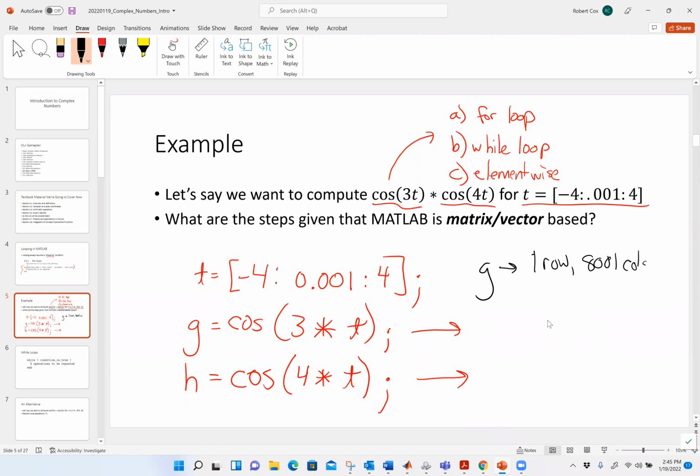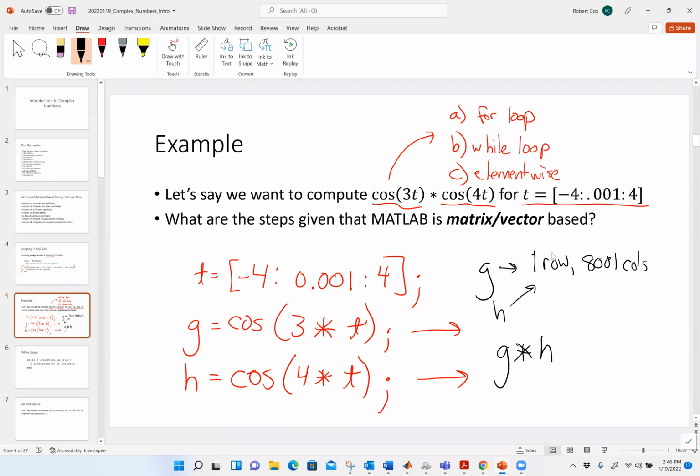And the same is true for H. In matrix terms, a lot of you have taken linear algebra, if I do G times H, if I multiply two vectors that are one row like that, what's going to happen when I do that matrix multiplication? It's undefined.